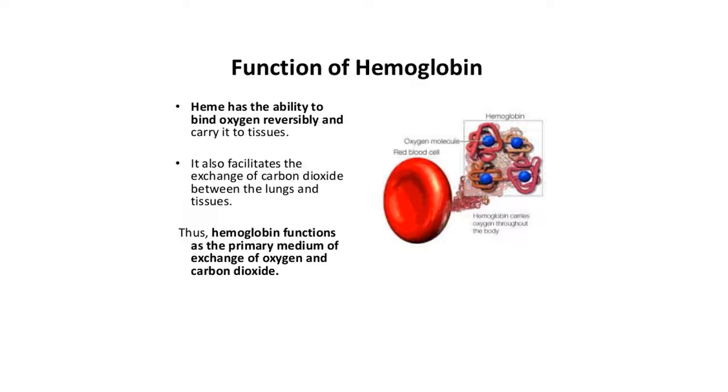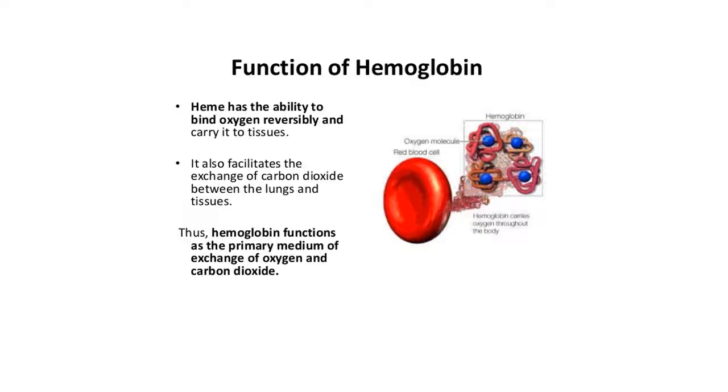Basically, to summarize previous lectures and to make a synthesis with this lecture, in the lungs, oxygen is high in the alveoli, low in the blood capillaries. So it diffuses from the alveoli into the red blood cells. There it binds to hemoglobin.